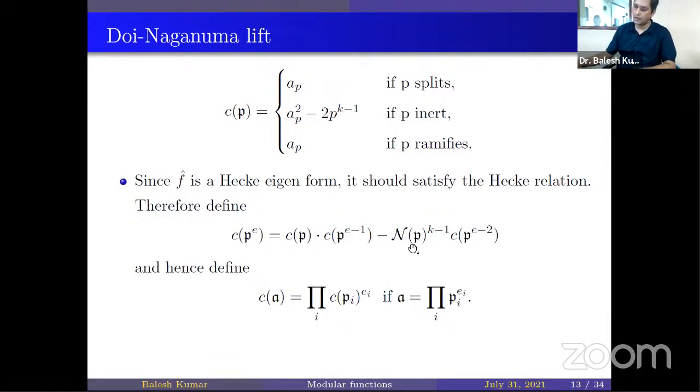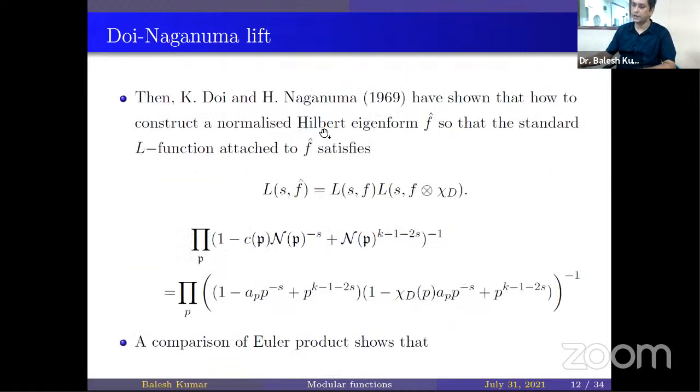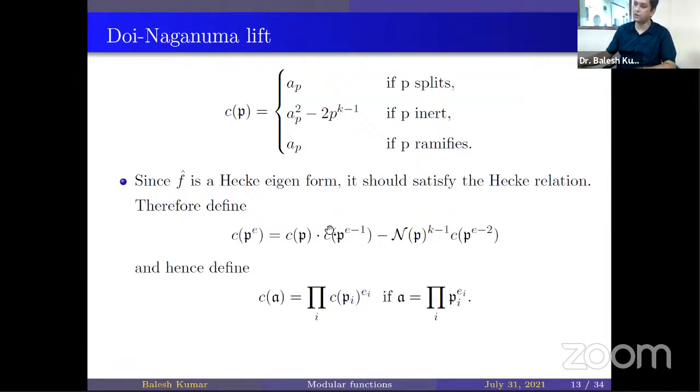And since we are talking about a Hecke eigenform, the Fourier coefficients are multiplicative, and by multiplicativity we will be able to know the Fourier coefficients of the Hilbert Hecke eigenform, provided such an f hat should exist. If such an f hat does exist, then we will explicitly know the Fourier coefficients of that Hilbert Hecke eigenform.